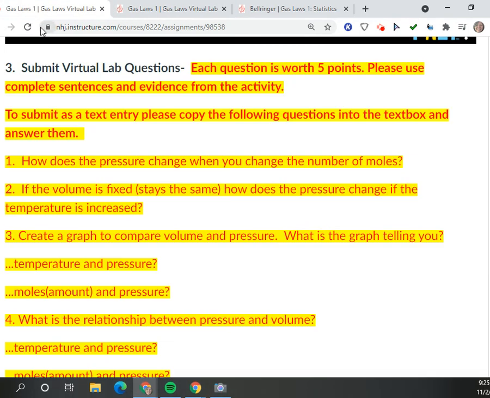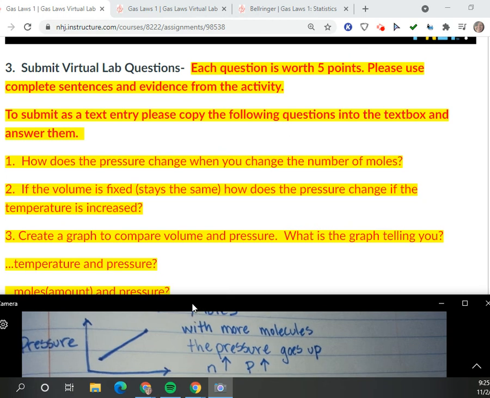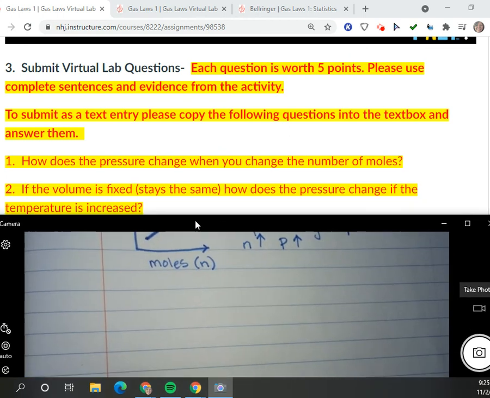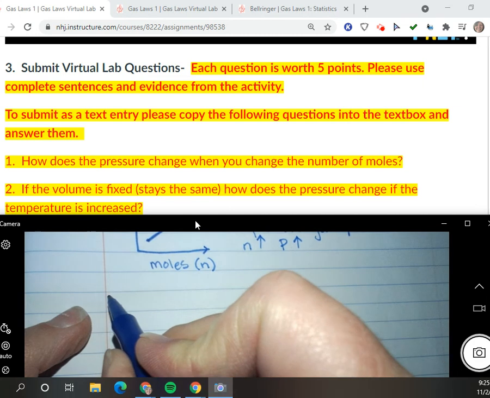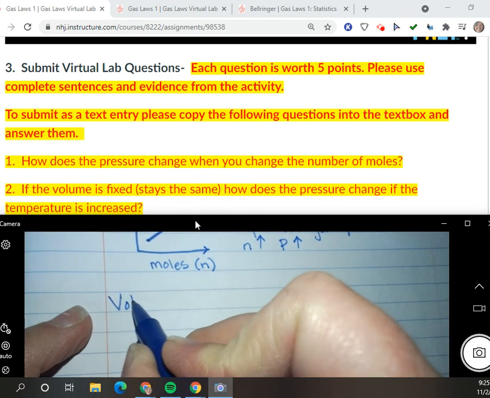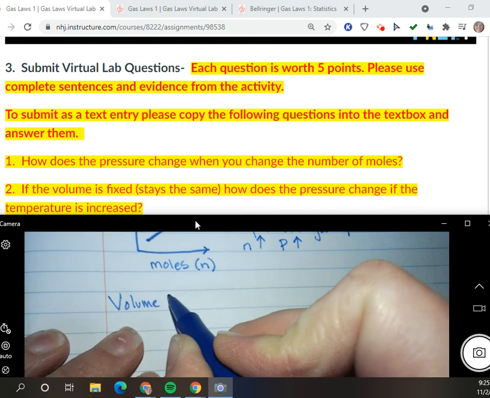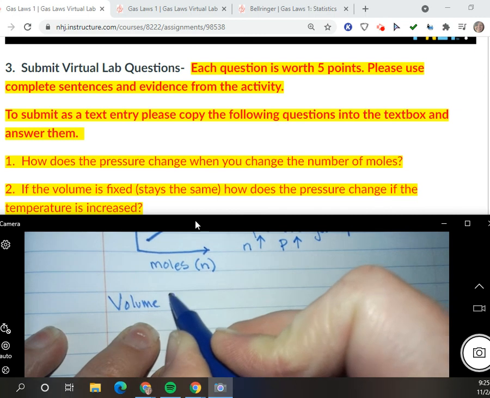So let's look at our second question. If the volume is fixed or stays the same, how does the pressure change when the temperature is increased? All right, so this time let's go ahead and set up what we're going to write here. If the volume is fixed, how does the pressure change? So we're going to say volume constant or fixed.